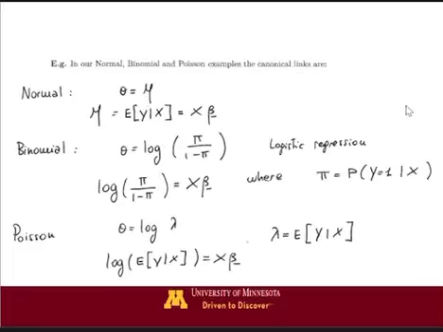Now there's something I need you to pay attention to. What is the role of the link function in a generalized linear model? I'm going to say that again. What is the role of the link function in a generalized linear model? The number one point I wanted to put into consideration is that it ensures the predicted mean is in the right range. We don't want a situation whereby the predicted mean will be out of range.